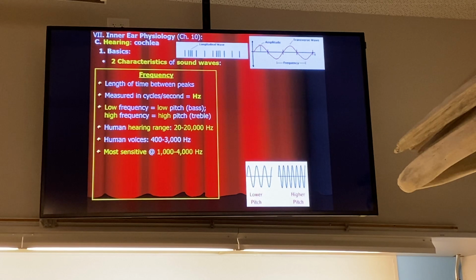By the way, when we did the hearing test last week in lab, we went 500, 1,000, 2,000, right? This is why I had you do that, number one, so that you didn't waste time doing the whole spectrum.